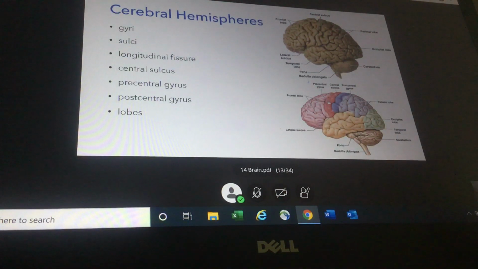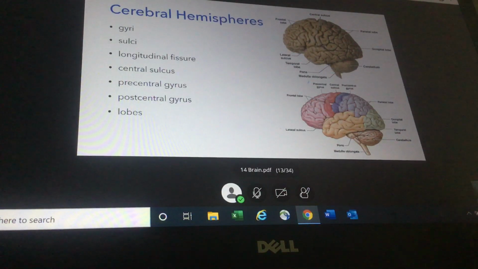If a patient has a stroke that affects the left side of this part of the brain, this is the motor cortex of the precentral gyrus, they would have symptoms on the right side of their body. This is the left side of the brain.